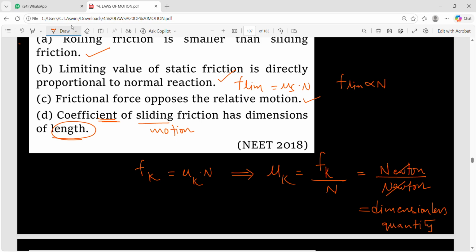Coefficient of friction is a dimensionless quantity, not only kinetic, also limiting friction. You take any coefficient of friction, it is a dimensionless quantity. But the question says it is having dimensions of length. So this is a wrong statement. So the incorrect statement is option D.